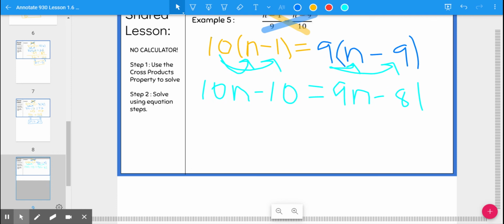So I'm going to subtract 9n to the other side. I'm going to pick on the smaller number here, so I end up with a positive variable, just a preference. So 10n minus 9n, you are just left with 1n, so just n, minus 10 is equal to, and we still have that negative 81.